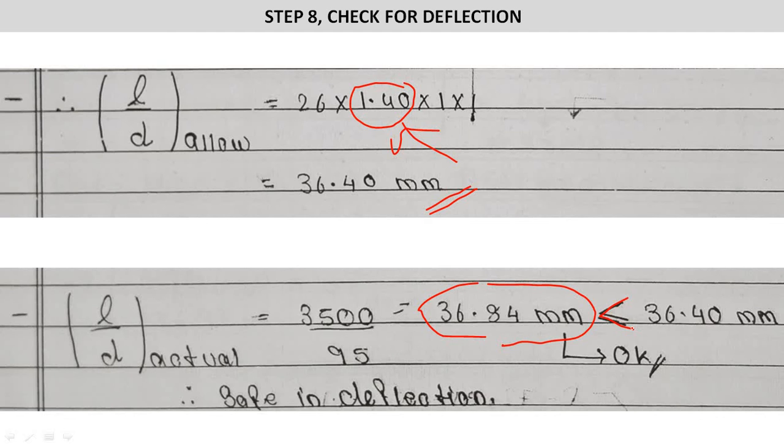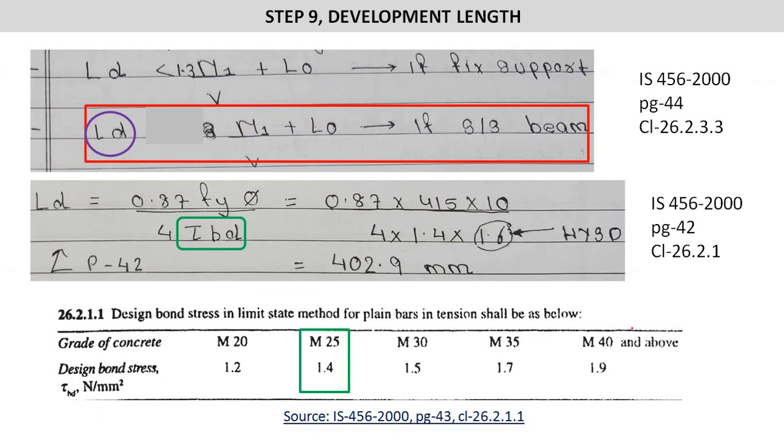If the actual deflection is more than the allowable, then the check will fail and you need to redesign the whole example. So now step number 9, which is the development length. There are two formulas. First it shows the formula for the fixed support, and the second for the simply supported beam or slab.